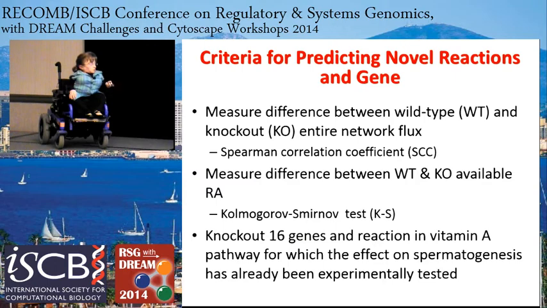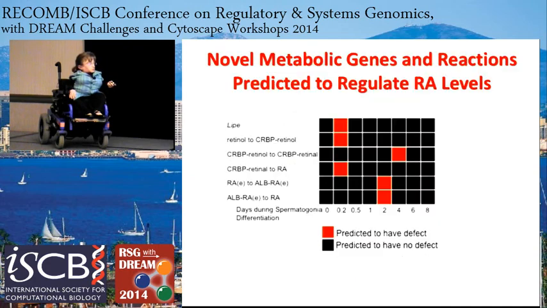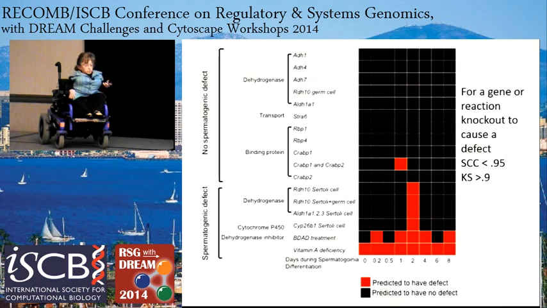We tried every combination of thresholds between these 2 tests to see if we could accurately repredict those 16 genes and reactions, and then landed on a threshold combination for the SCC. It had to be less than 0.95 to be considered different enough to cause a defect, and then the KS test had to be greater than 0.9, and both of these had to be different in order for a spermatogenic defect to occur.